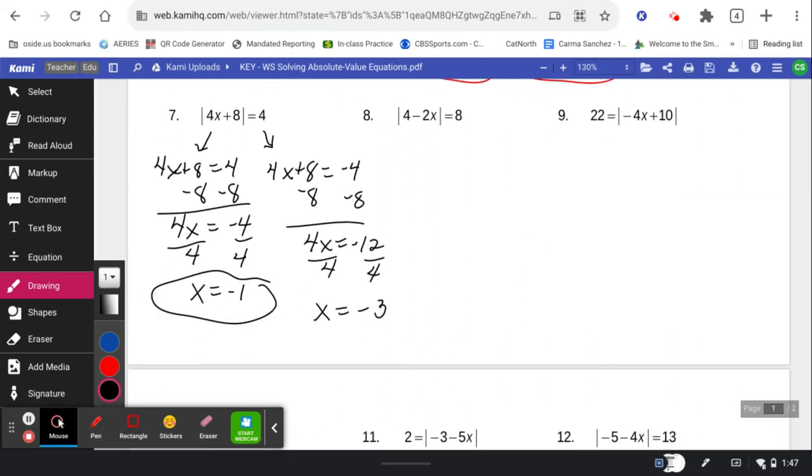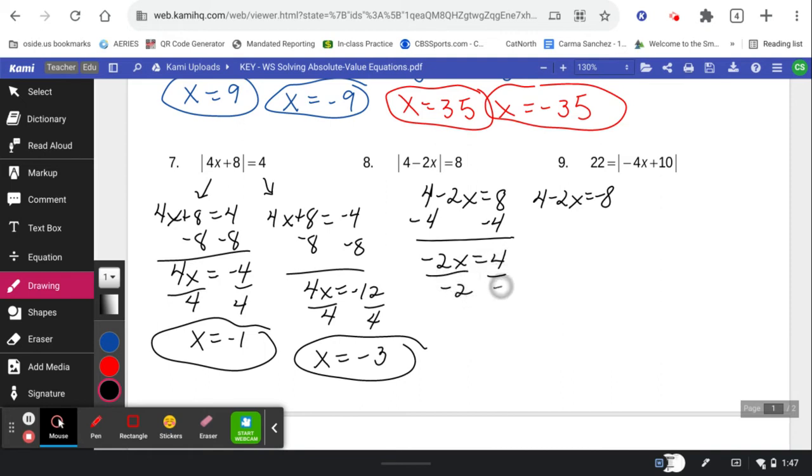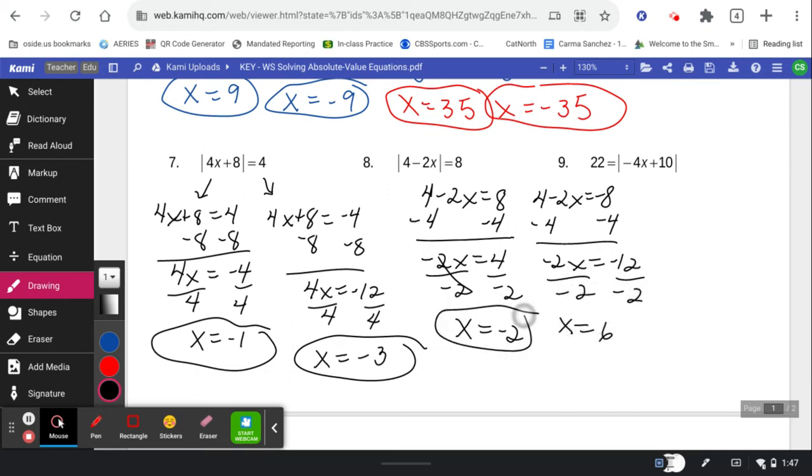Negative 3, negative 1 are my two answers. 4 minus 2x could equal positive 8. 4 minus 2x could equal negative 8. This one's written in a different order, so it could have confused some students. And so negative 2 and 6 are your two answers.